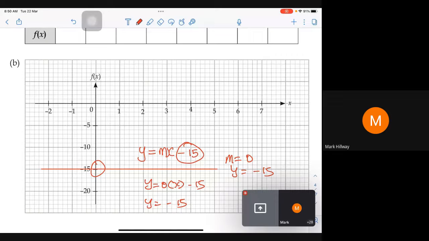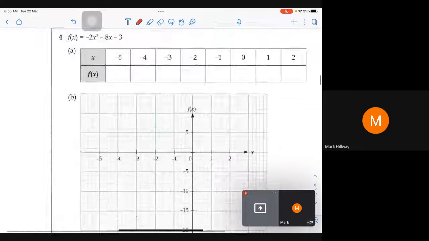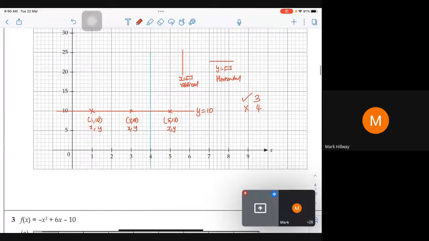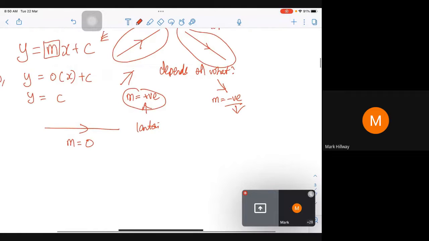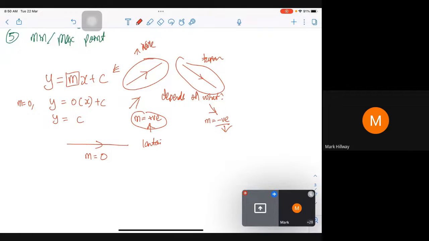So what if it's a vertical straight line? Because then the vertical line will have an infinity gradient. Just now we talked about you going up, you going down, and walking on the land.